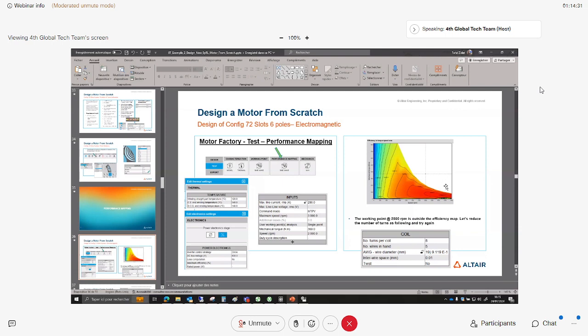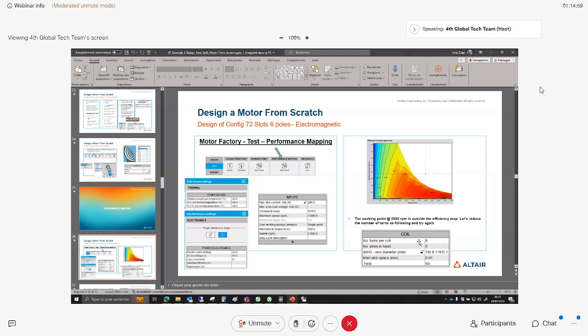Why? Because with the number of turns we computed here, actually we have more back EMF. That's why we cannot make a flux weakening here. So then we are going to change the number of turns to push this point in the right direction, and then decrease the torque.